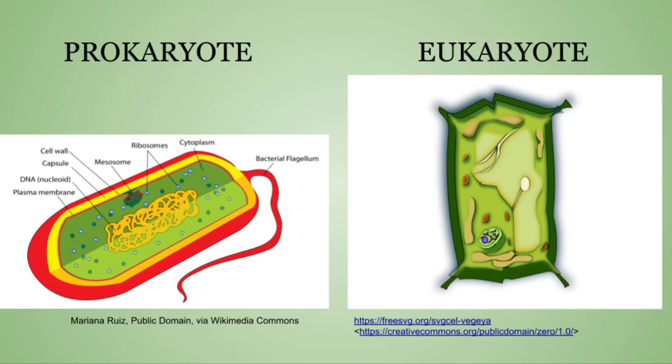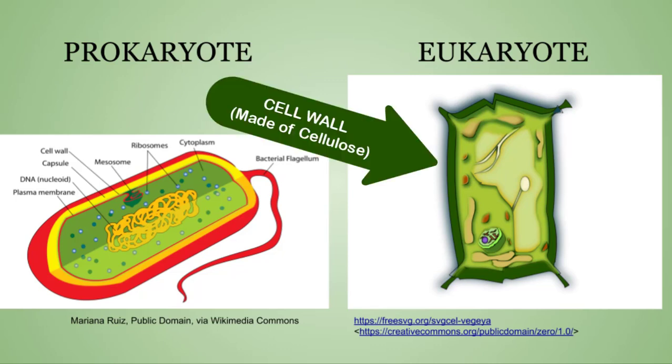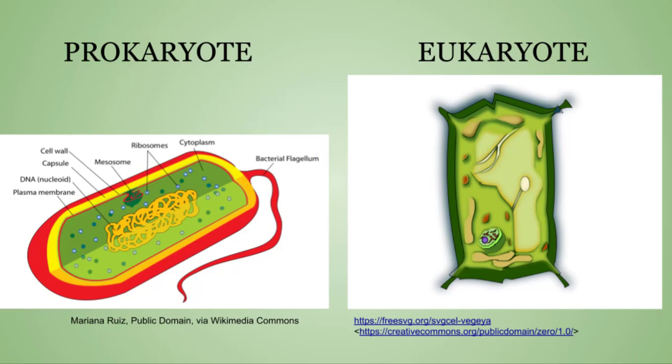At first look, a prokaryotic cell resembles a plant cell with its regular shape and cell wall. But even that familiar structure has a difference. The cell walls of the eukaryotic plant cell consist of the carbohydrate cellulose.